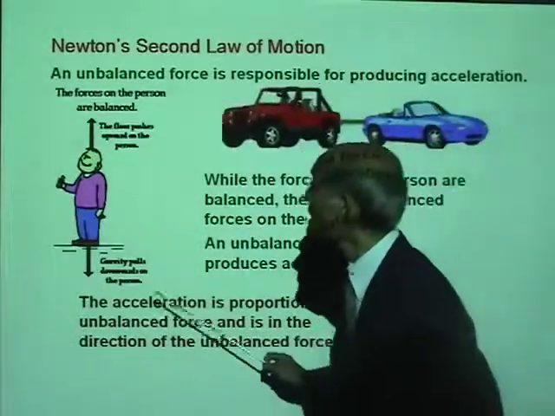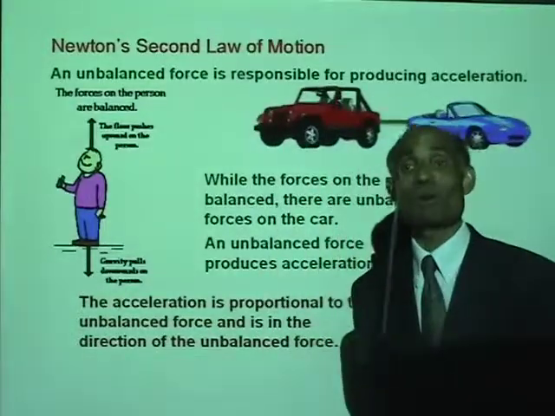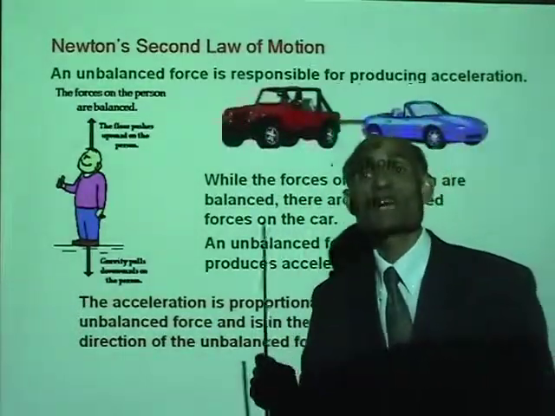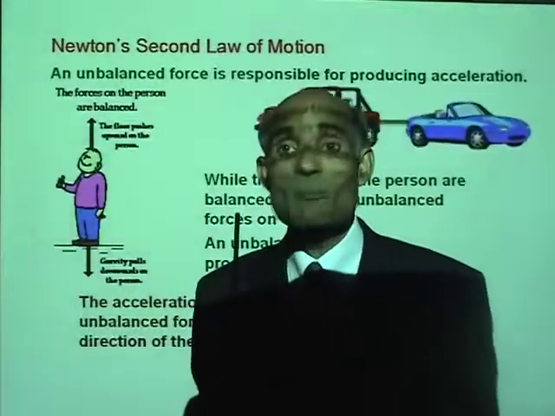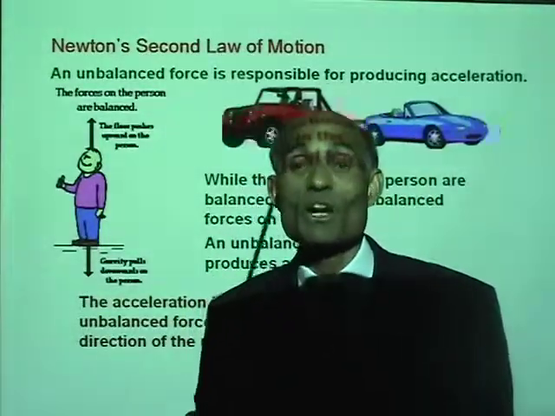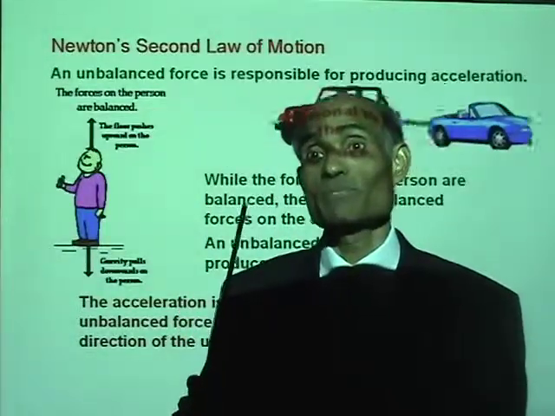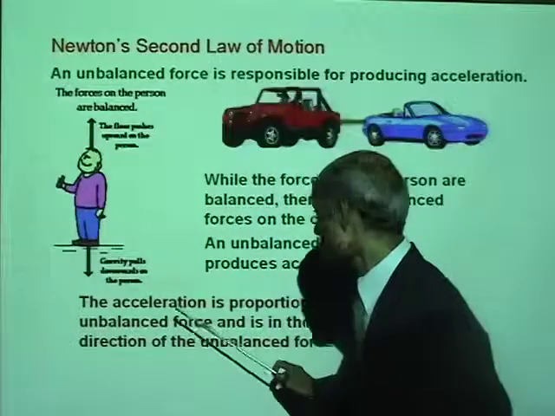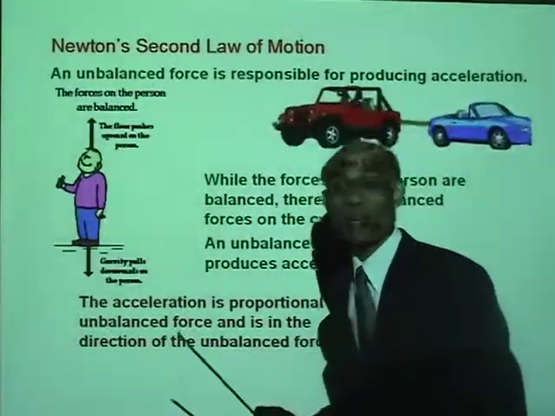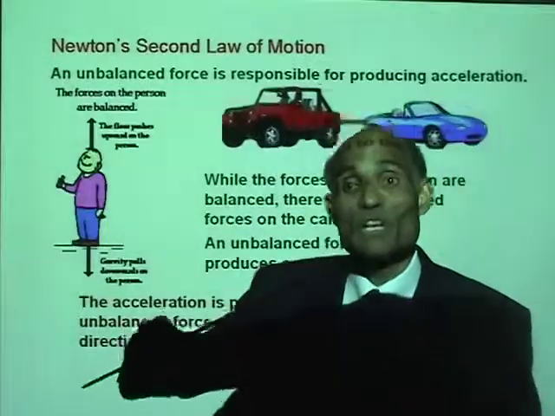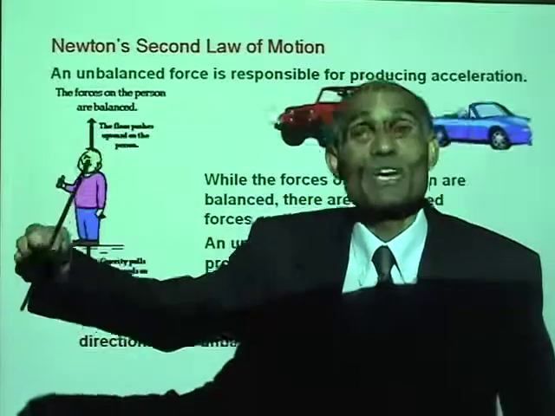And actually, this is the statement of Newton's second law. So what does Newton's second law say? Newton's second law says an unbalanced force acting on an object will produce an acceleration on it, and that acceleration is proportional to the unbalanced force. You increase the unbalanced force, the acceleration will also increase.